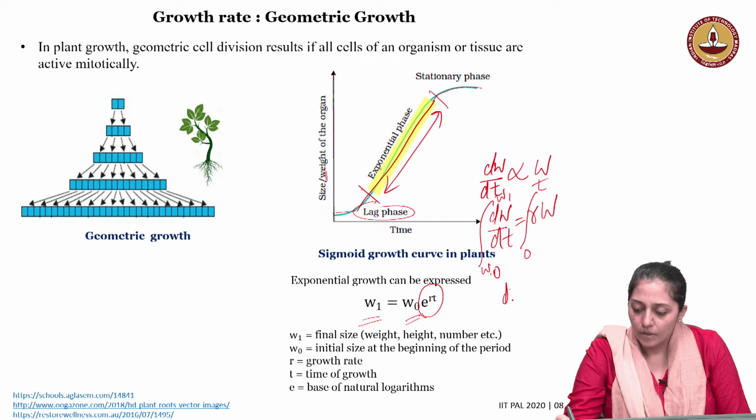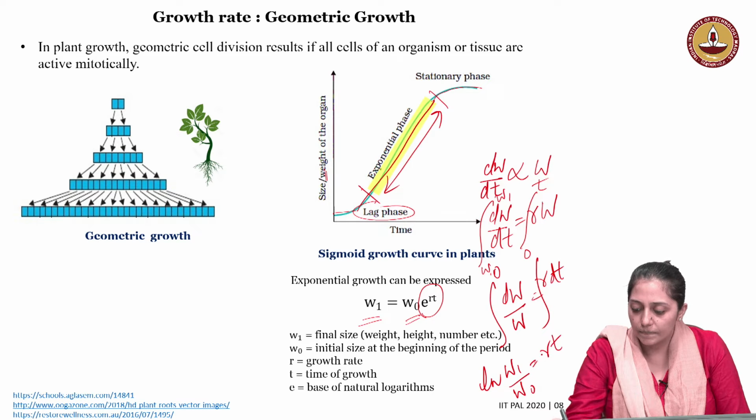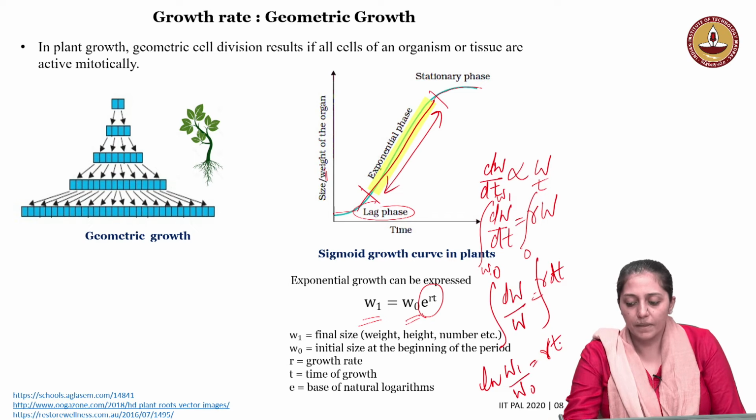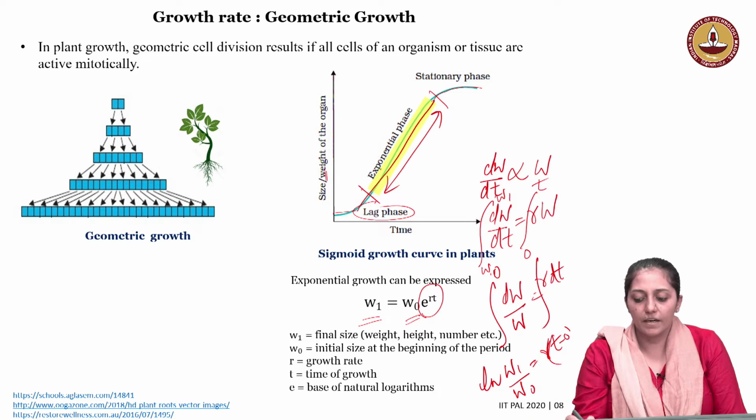If you integrate this, you will get ln W, and putting the limits, ln of W1 by W0 is equal to RT, t minus 0. So, we can say RT.